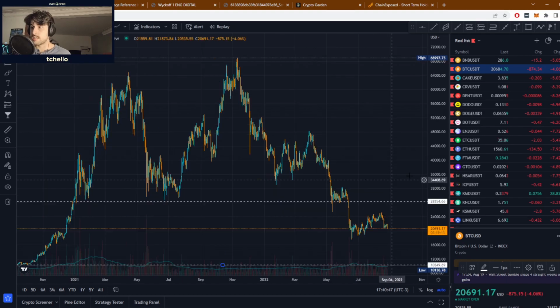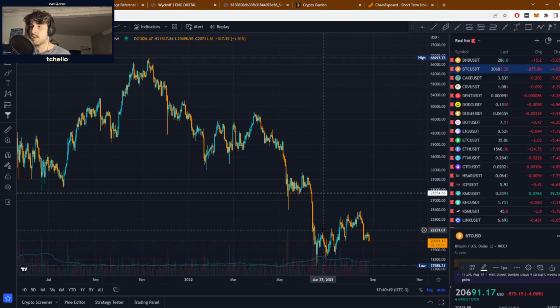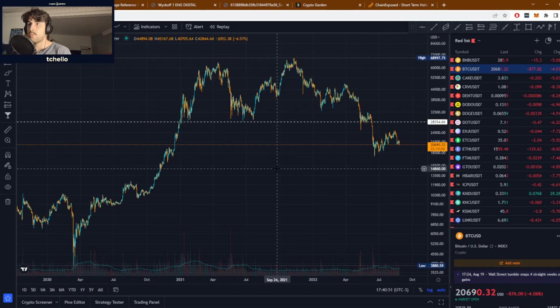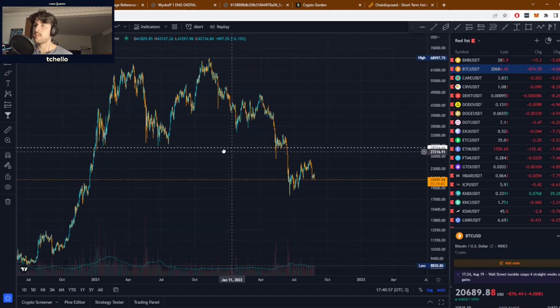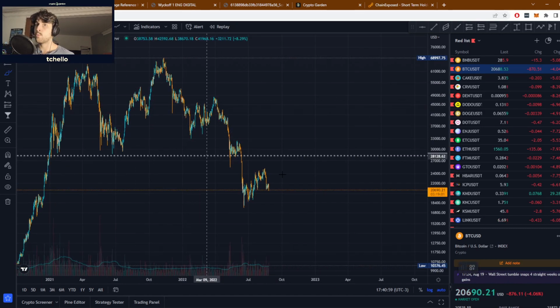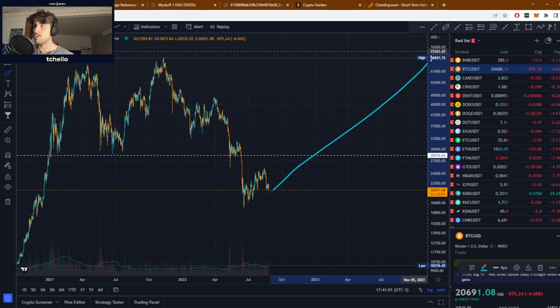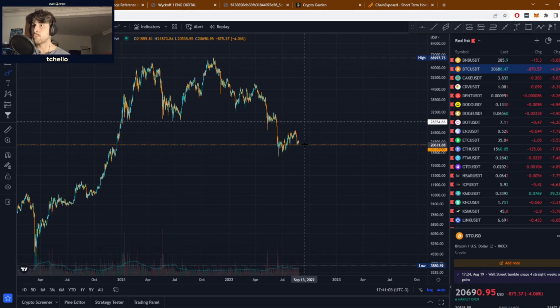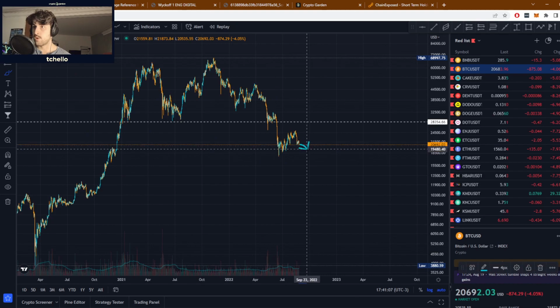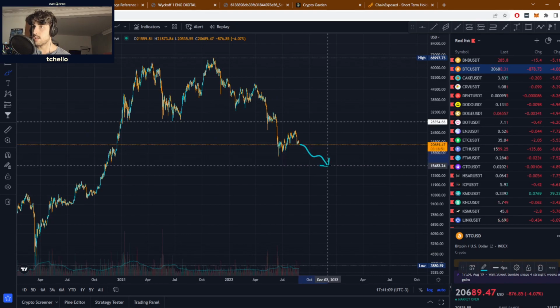Maybe this is not the Wyckoff accumulation structure, maybe we don't see all of those phases, and maybe we don't bounce off right from here. In fact, I do think it is unlikely that we bounce off of here and go to new all-time highs and whatnot. I do think that it is quite likely that we at least revisit these lows here and eventually go even lower to accumulate lower.